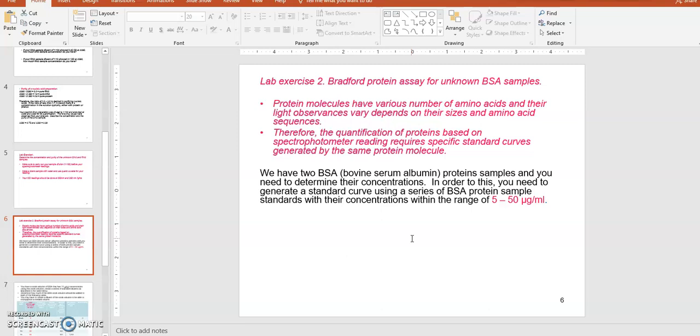They can absorb UV light pretty well, but other amino acids don't absorb UV light very much. So it depends on the sequence of your amino acids. Proteins don't give you a very straightforward UV absorption profile. So that's why you cannot use UV absorption in your concentration assay.